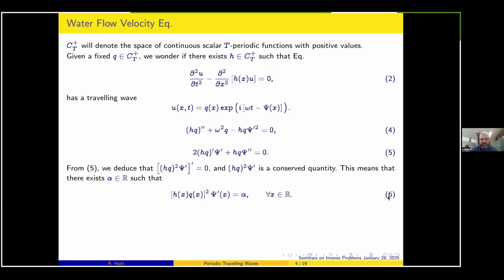This is a constant, and if we use the relation 6 in equation 4, we get a second order ordinary differential equation of this form. This is a second order ordinary differential equation with a space singularity.